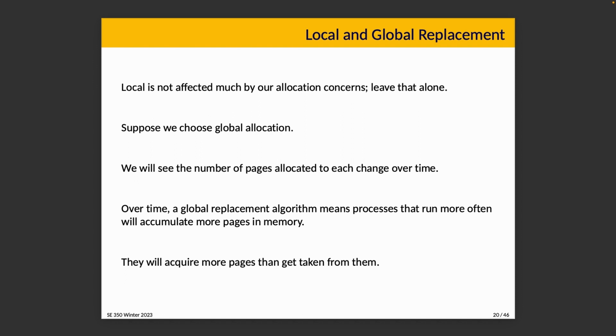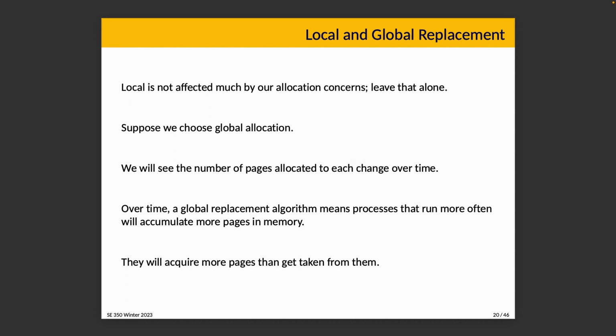So if we've said, all right, you get a fixed number of frames, or at least a specified number of frames, then local replacement doesn't change very much because we just move things around as we need inside those allocated frames. But if we choose global allocation, then there's a bit more of a dynamic aspect to it, right? The number of frames allocated to each process will change over time.